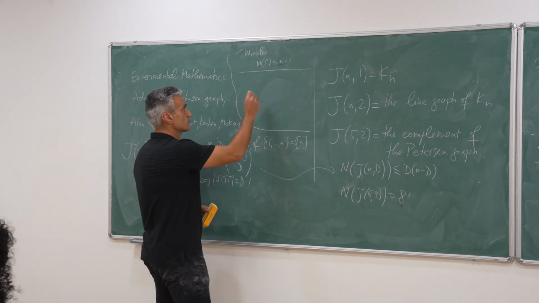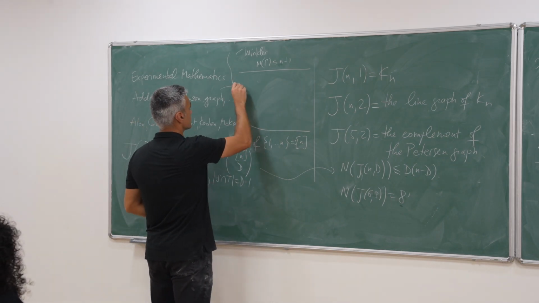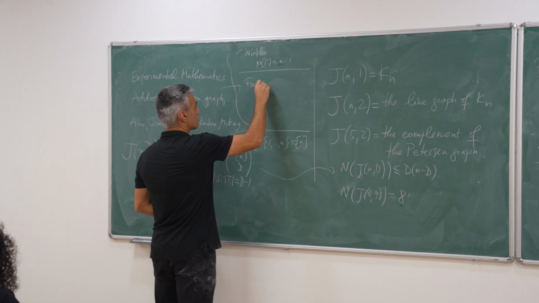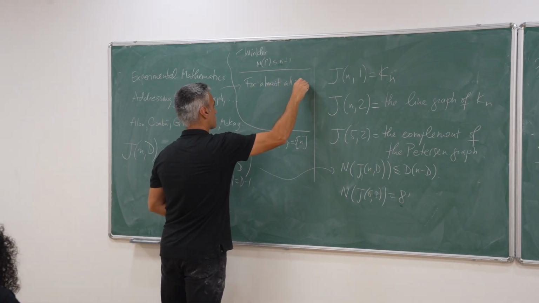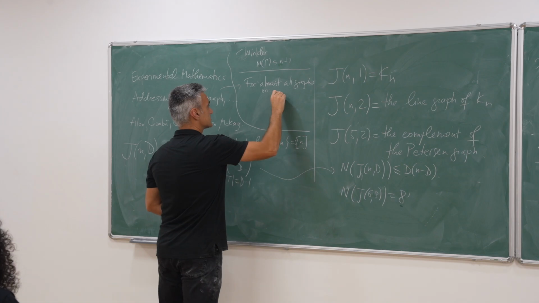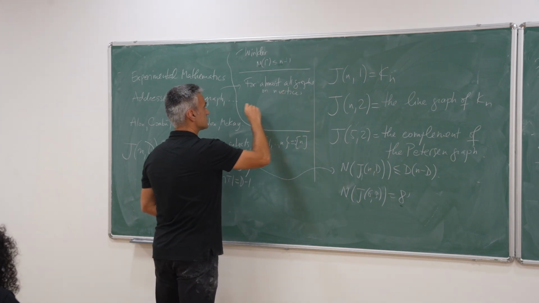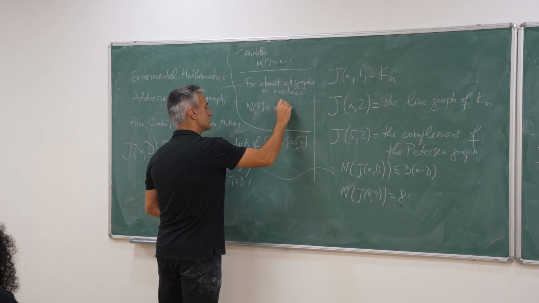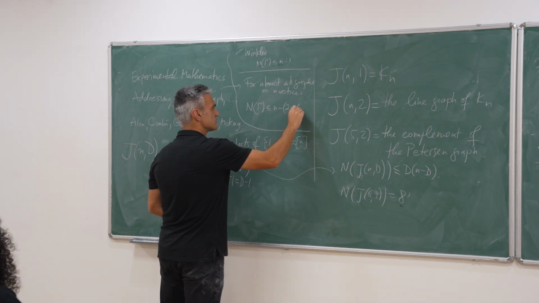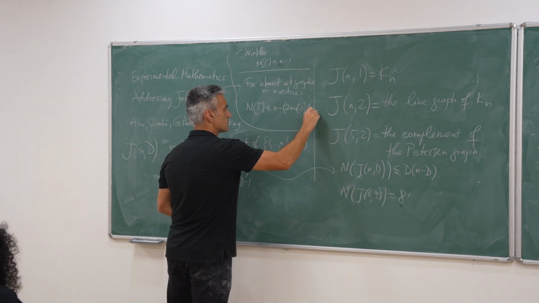Well, we actually proved that that's not the case. So in this paper, we proved that for almost all graphs on n vertices, this parameter N(gamma) is at most n minus (2 plus little o of 1) log of n.